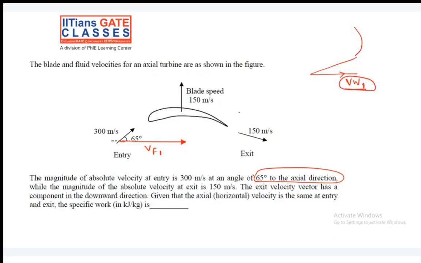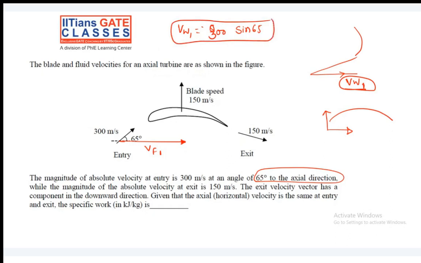But now the blade has been shaped like this, so the axis is in this direction and vw1 will be perpendicular to it. So now my vw1 job is done. Vw1 is nothing but 300 sine 65.